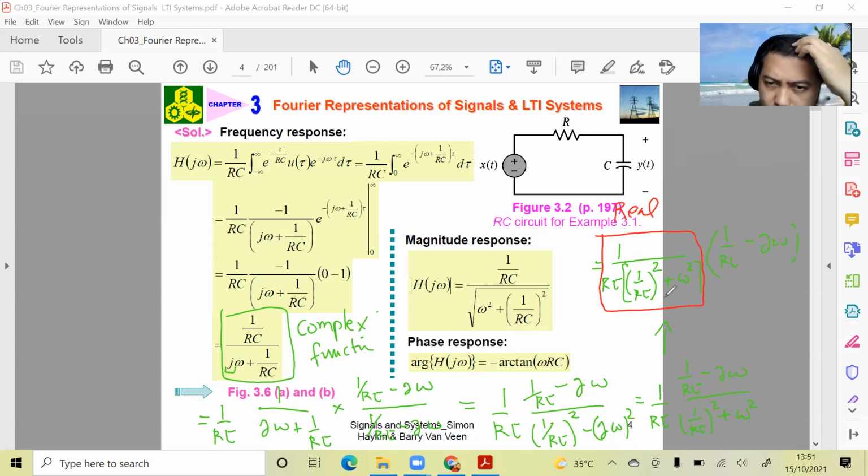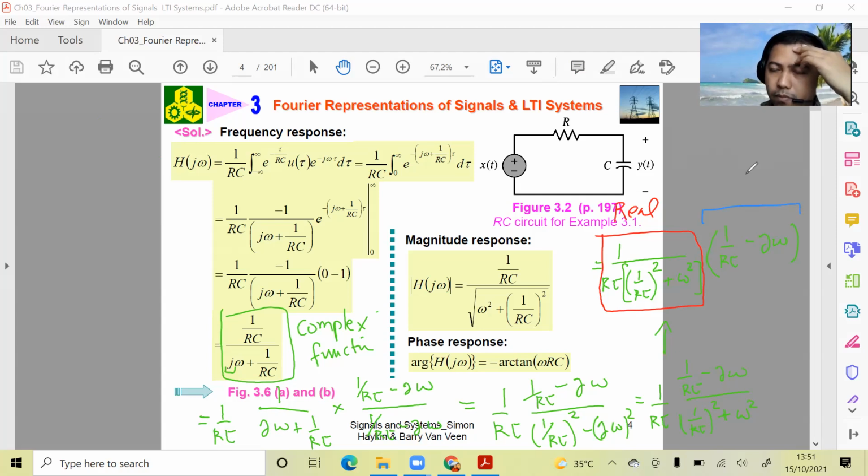No. I mean, this is a real component. So in this case, this is the complex component.